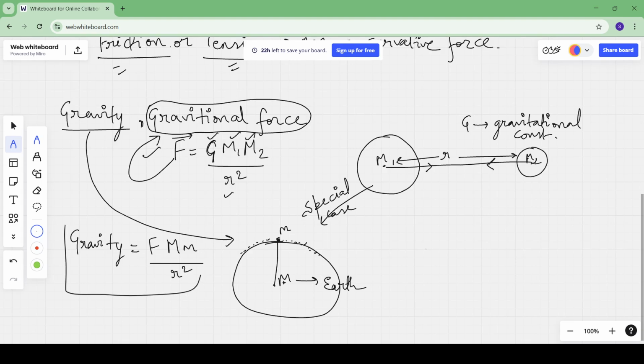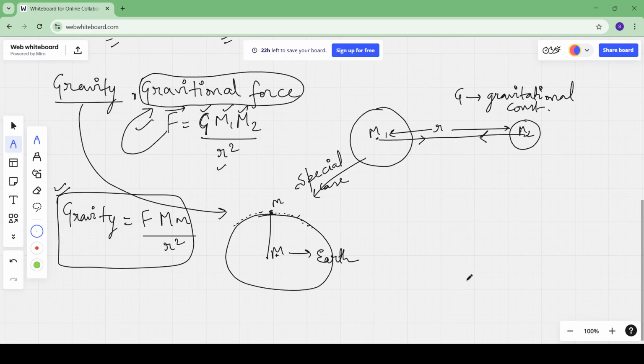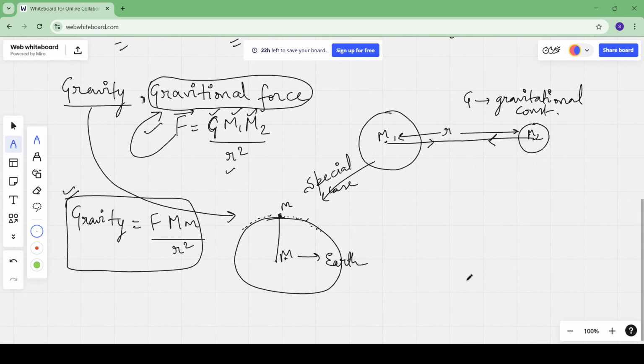The formula is the same, but the difference is that the first mass has to be Earth. I think you got the point about the difference between gravity and gravitational force.